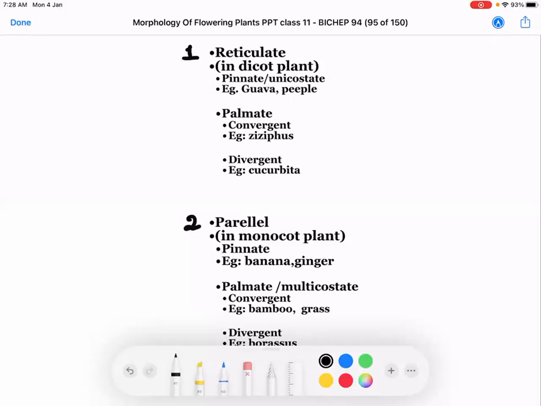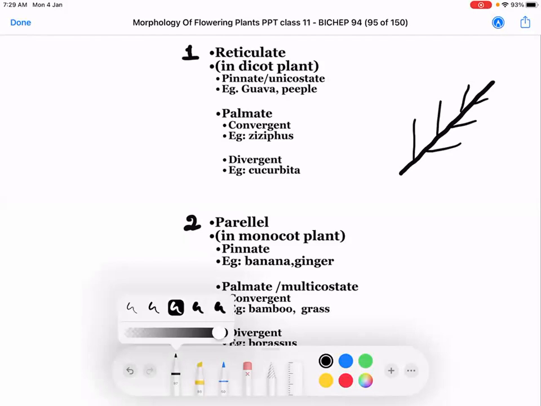Now in reticulate there is one midrib and they have comparatively smaller branches which produce still smaller branches like this, which in turn produce veinlets, very micro veinlets, and they join with each other.